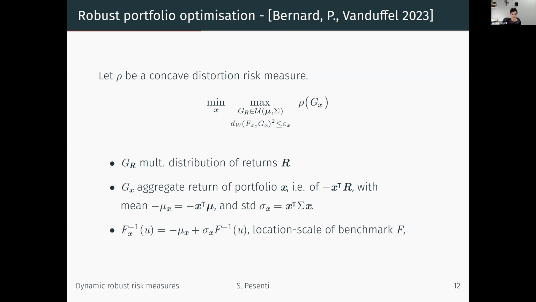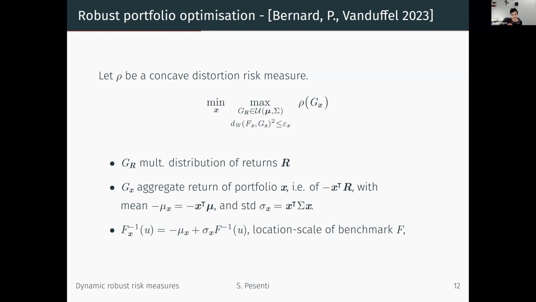So we assume that we have a location-scale benchmark distribution F, such that the benchmark changes for every portfolio, but it can be written as mu plus sigma times the reference distribution F. This works, for example, if you assume that your returns are elliptically distributed.